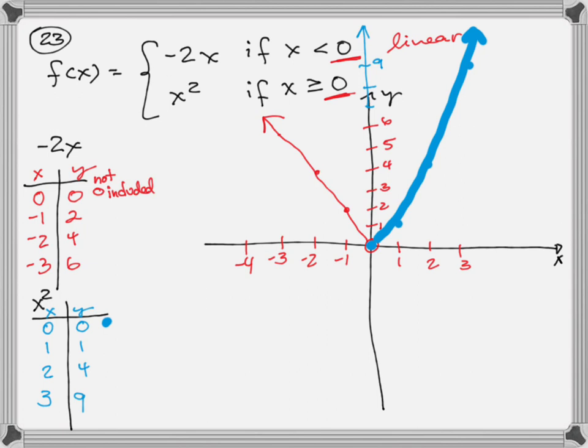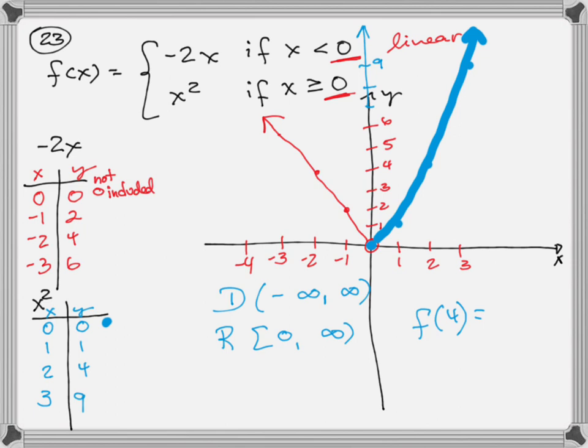Now, what is the domain for this piecewise function? Negative infinity to positive infinity. What is the range? 0 to infinity. What is f of 4? f of 4.